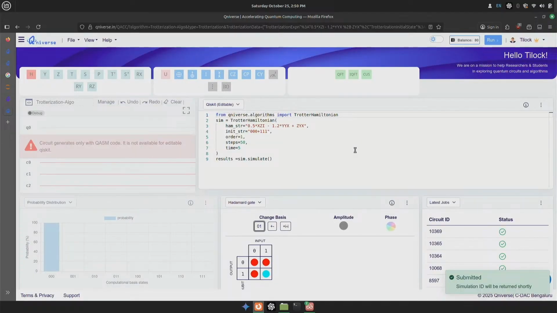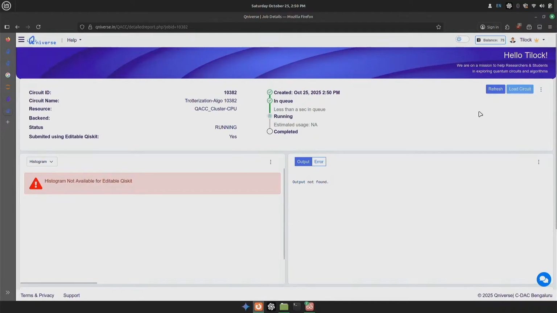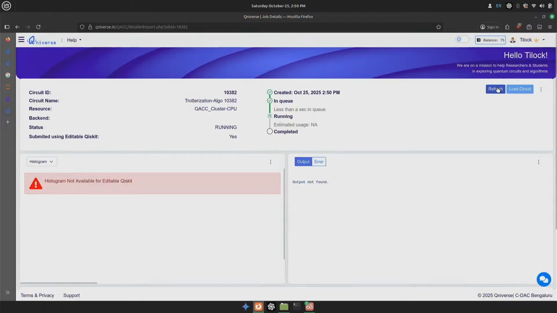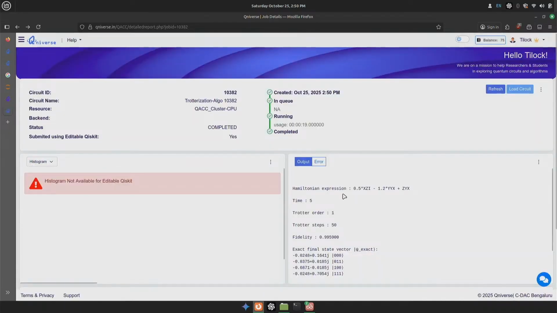my Quniverse will run this algorithm for me, and I'll have a unique job ID for this particular job description. And if I just click on it, I'll just refresh it. It takes a bit of time. It's still running. Yeah, it's done.